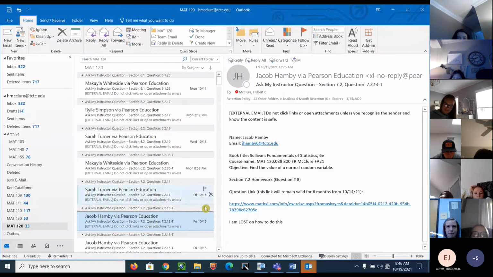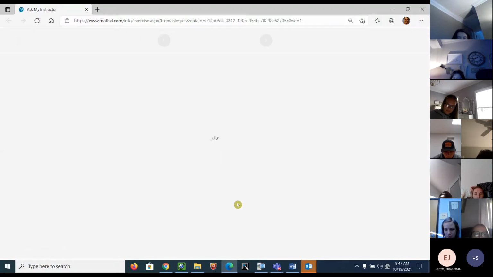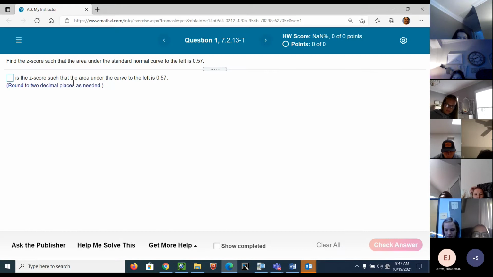The z-score at which the area under the standard normal curve to the left is 0.57. So we need 0.57. Area to the left is equal to 0.5700.